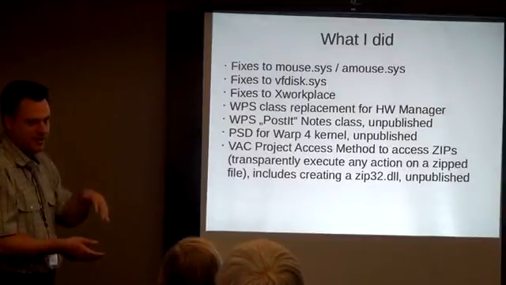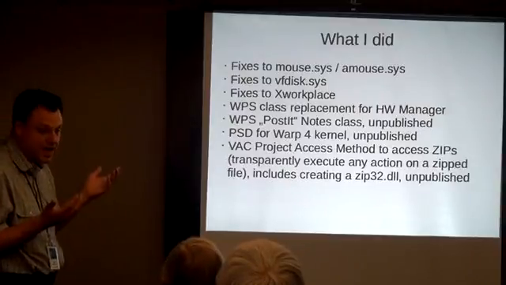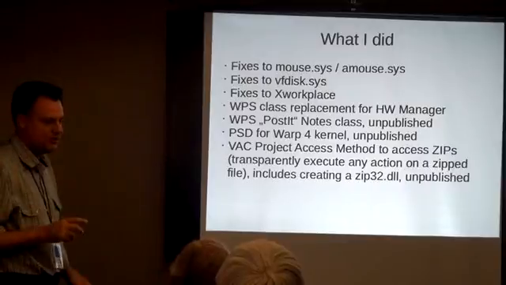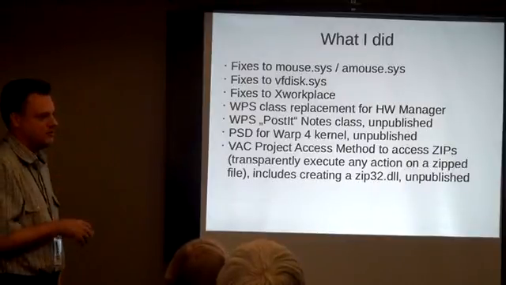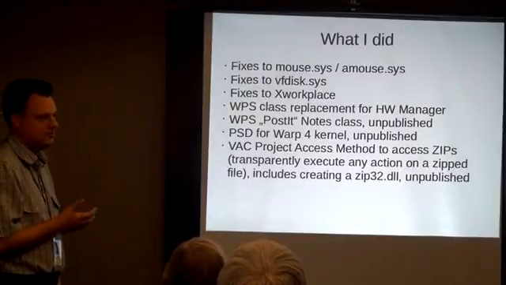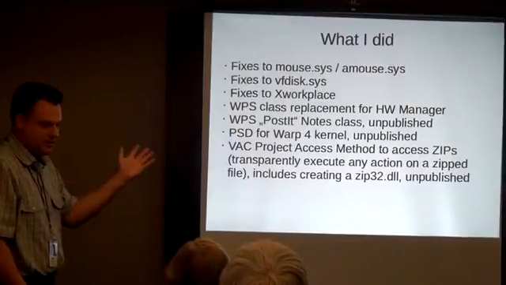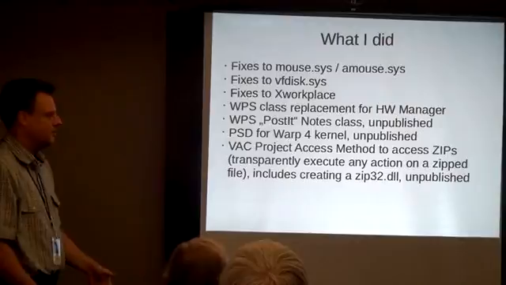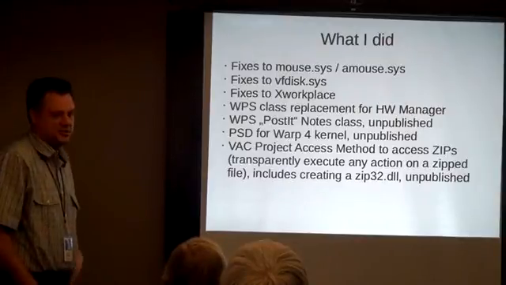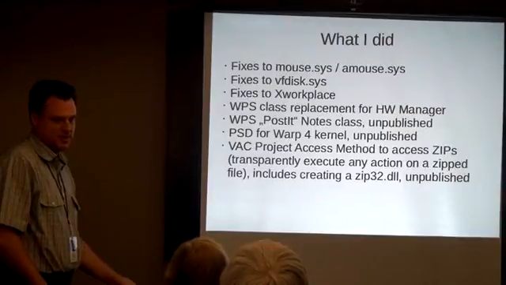You get a tree of files. You can click on them, and you can run actions on them in workplace shell talk. And one of the actions obviously is to just click on it and view contents of the file. So, extract it to a temporary directory, and then it's just a graphical interface to zip and unzip.